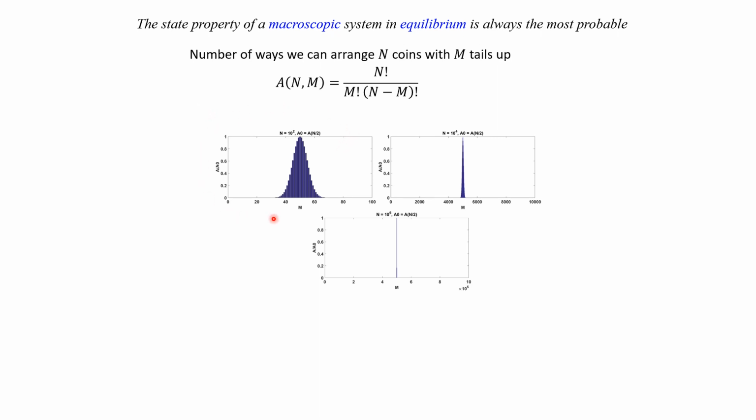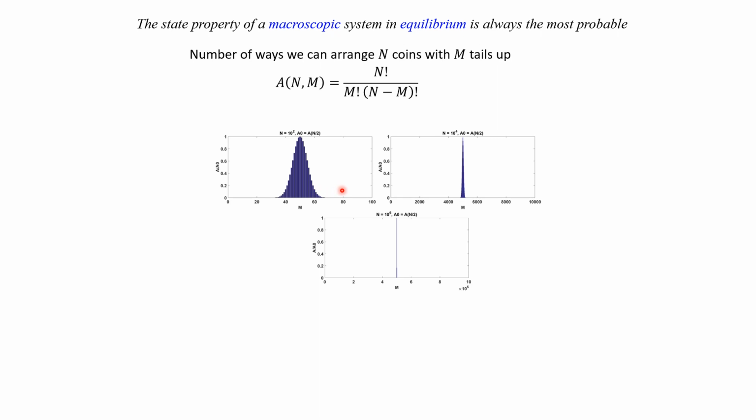Okay, so let's begin by taking a look at this histogram, which assumes 100 coins. So here in this axis, we have the energy, so the number of coins with tails up, m. Here we have the normalized number of states. In other words, the number of configurations, the number of ways you can arrange 100 coins with this many tails up.